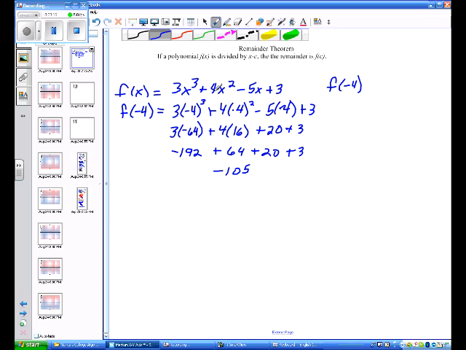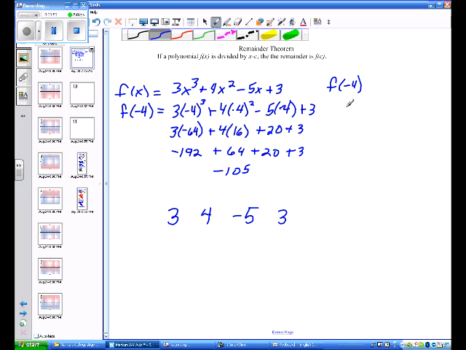Now, what this says is if we took this function and instead we divided it by x minus c, then the remainder is what we would have gotten here. Well, let's see. If we took this function, 3x cubed, so let's do synthetic division. So that would be 3, 4, negative 5, 3. Now we divided it by x minus c.